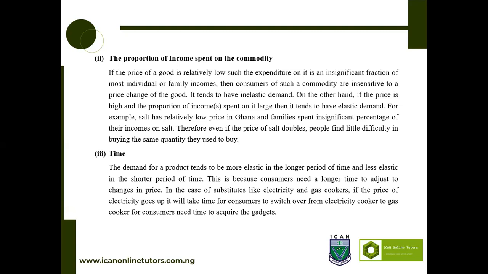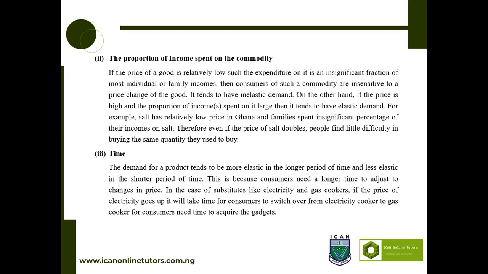We have time. Time is also one of the determinants of price elasticity of demand. Demand for a product tends to be more elastic in the longer period of time and less elastic in the shorter period of time. This is because consumers need a longer time to adjust to changes in price.